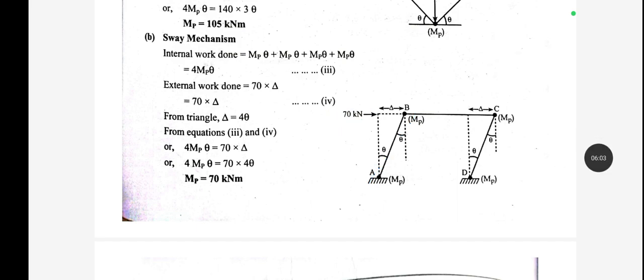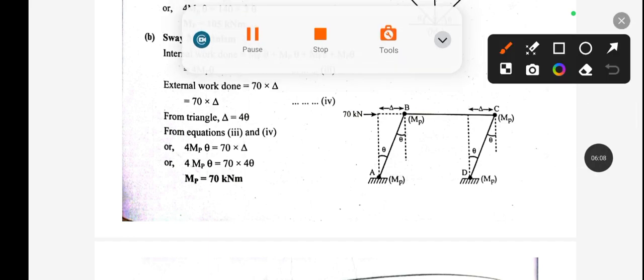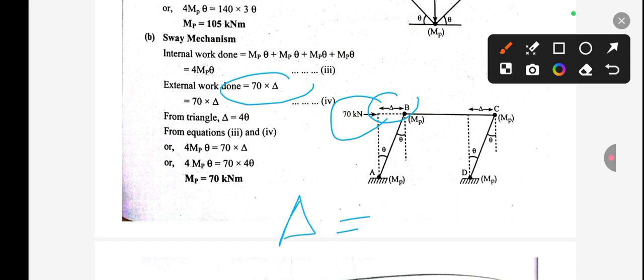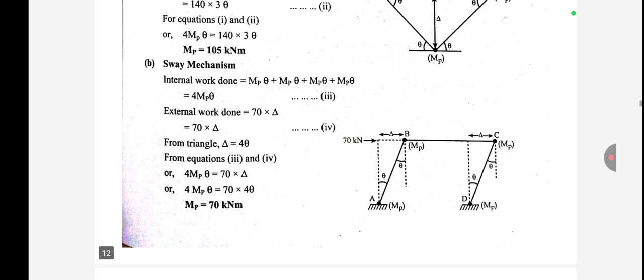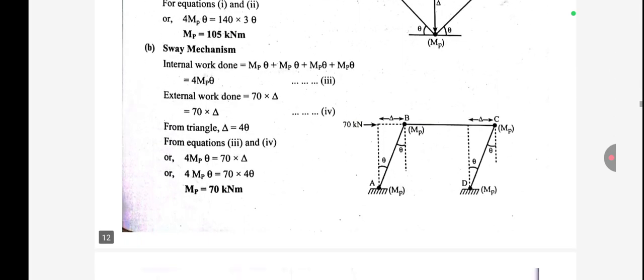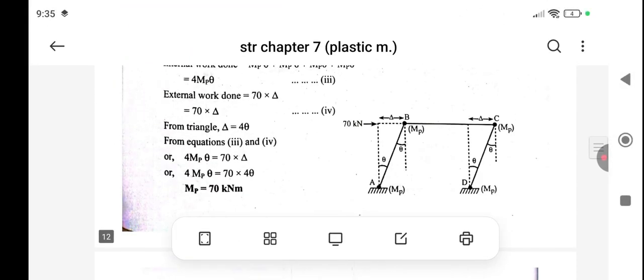So first calculate the external work done. It will be easier for us. For external work done, you can see here this 70 into this delta. So 70 into delta. In the place of delta it can be written as, you can see here we have the given distance, that is 4 meter.